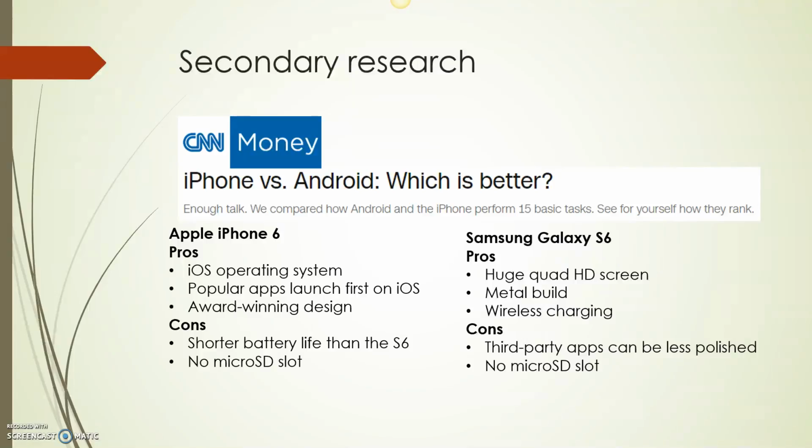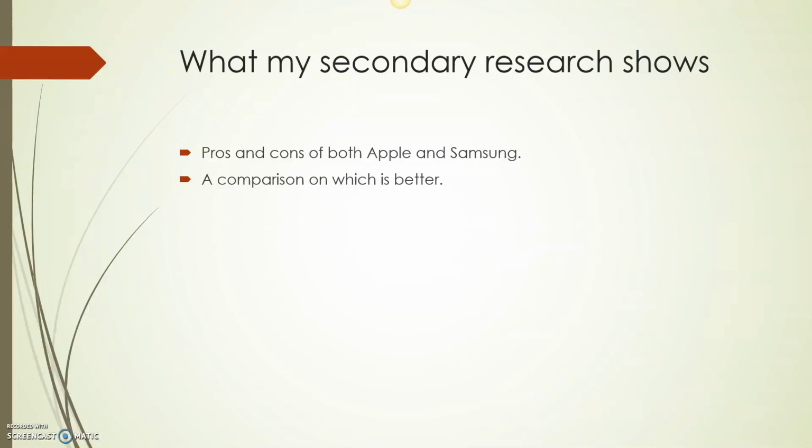The cons were that third-party apps can be less polished, and obviously no micro SD slot. So moving on, what my secondary research shows is the advantages and disadvantages of both Apple and Samsung. It also shows a comparison on which is better.